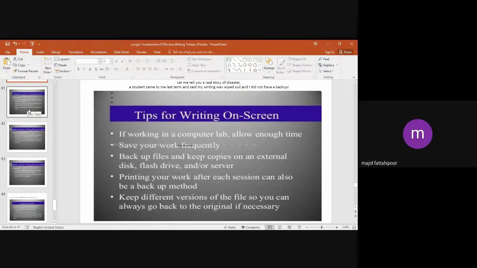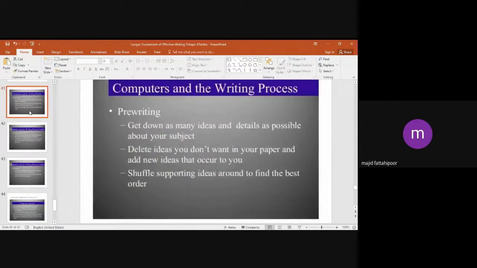So you can keep different files. These are some tips, very important ones. And if you don't do them, probably you lose some very important work, and you may not get into the mood of producing that again.